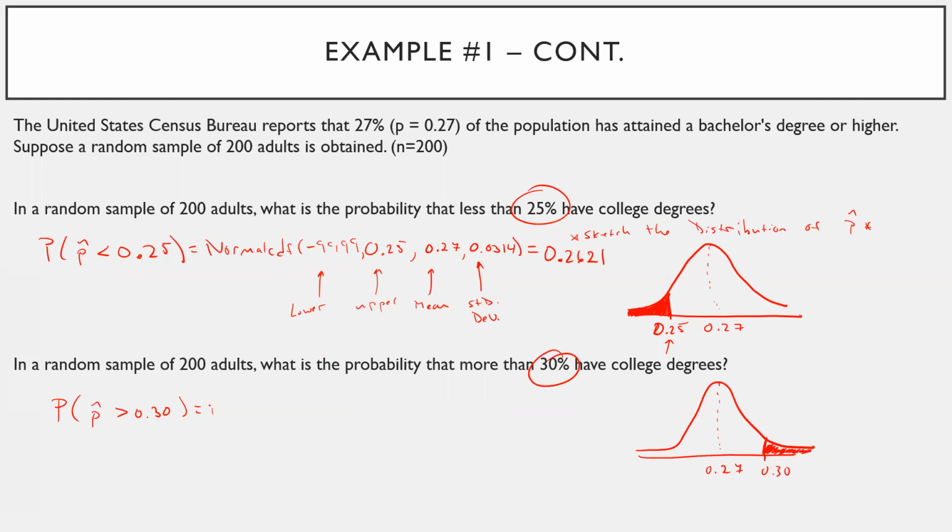So it's just going to be normal CDF. Here, this is my lower now. My upper, because it's a right tail test, is 99999. The mean and standard deviation stay the same.